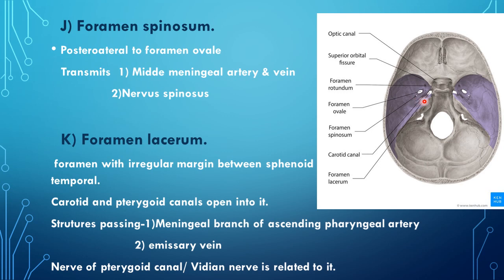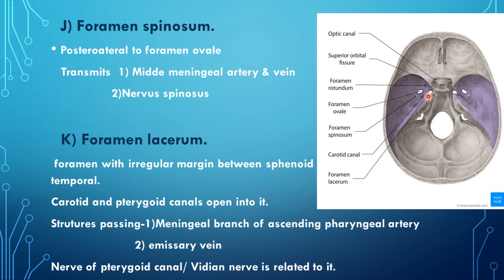There is another, a bit irregular foramen called foramen lacerum, which is situated between the sphenoid and the temporal bone. So this is the petrous part of the temporal bone, this is the squamous part. Structures passing through the foramen lacerum are only two: the meningeal branch of the ascending pharyngeal artery and an emissary vein.